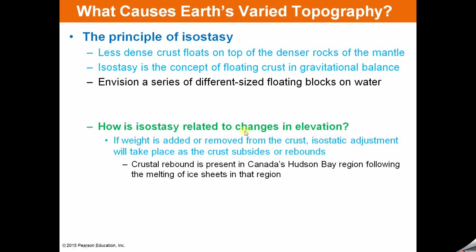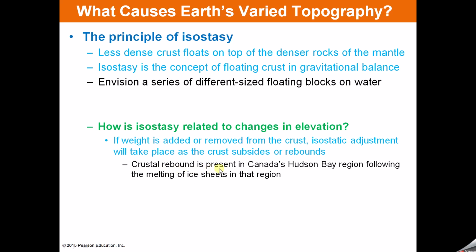How is isostasy related to change in elevation? This is the main goal here. If weight is added or removed from the crust, the lithosphere, isostatic adjustment will take place as the crust subsides or rebounds, subsides down or rebounds uplifted back.